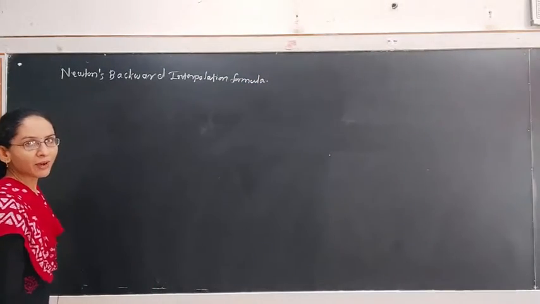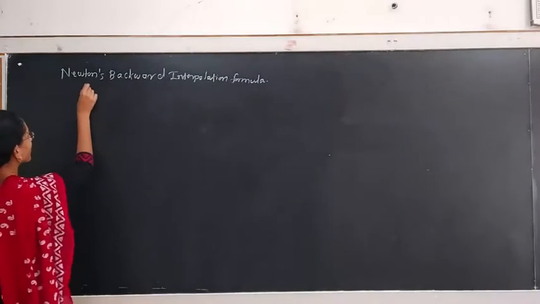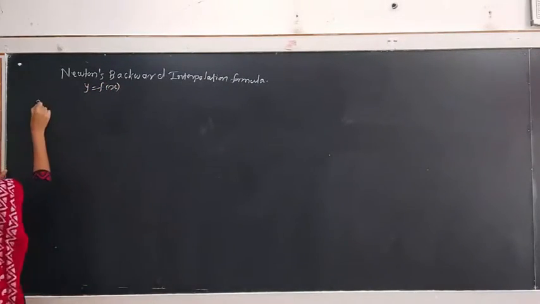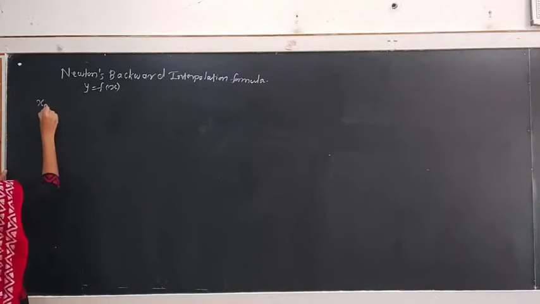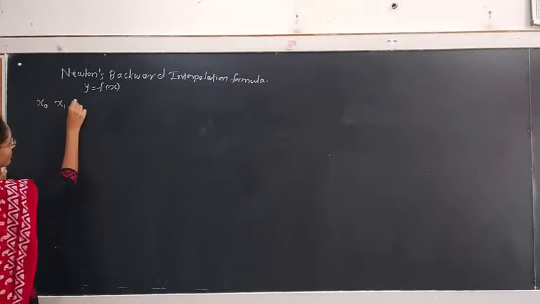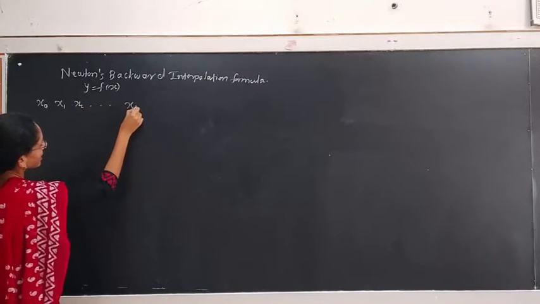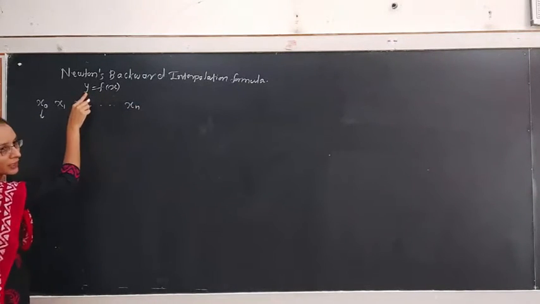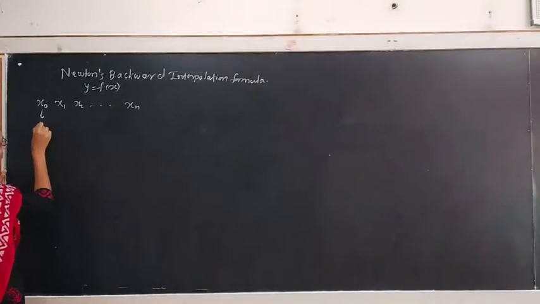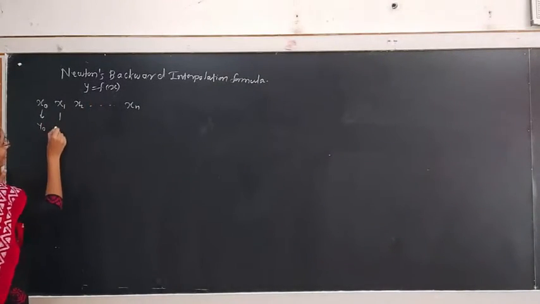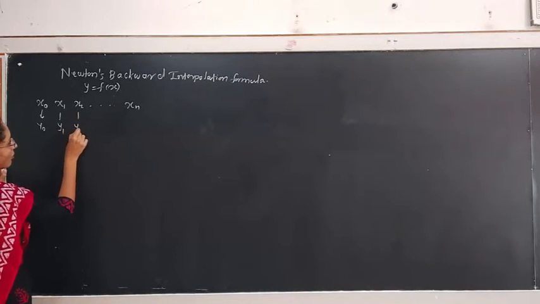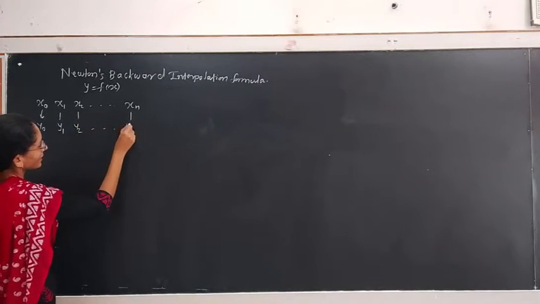Again we have a function y is equal to f of x. For given n plus 1 values of x, suppose the values are x0, x1, x2, xn. If we use x is equal to x0, we get the value of y as y0. For x is equal to x1, f of x1 is y1, f of x2 is y2, f of xn is yn.